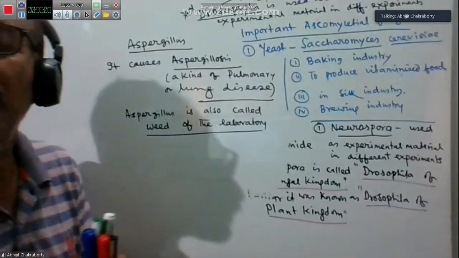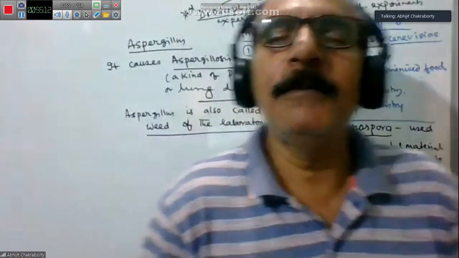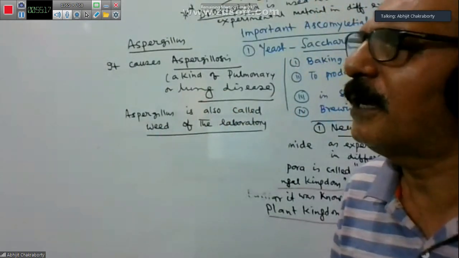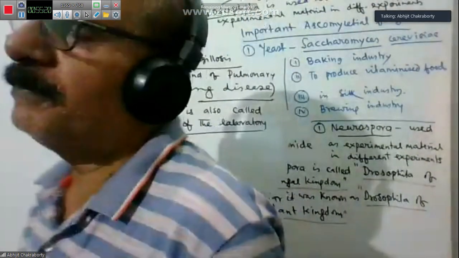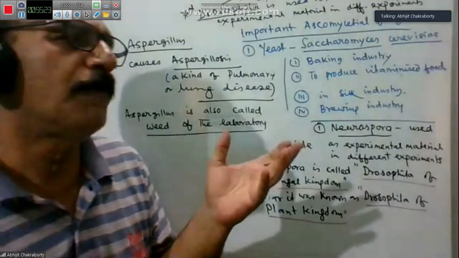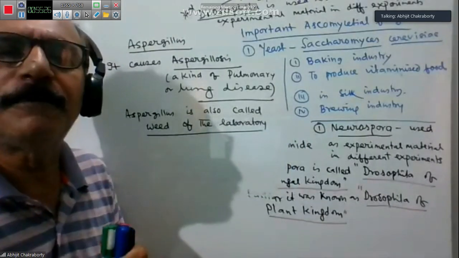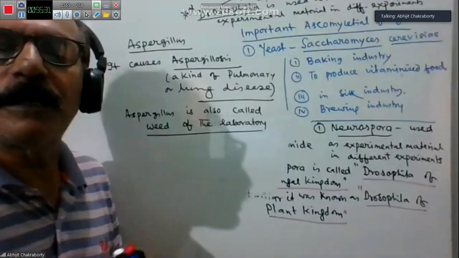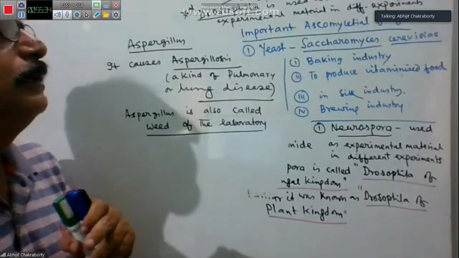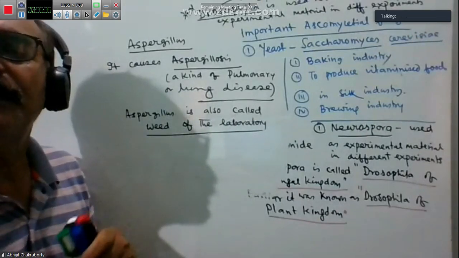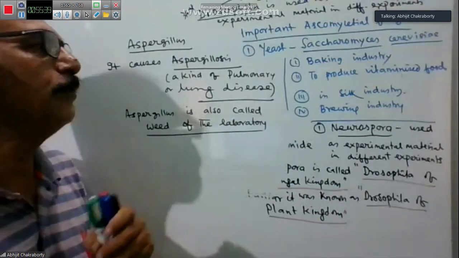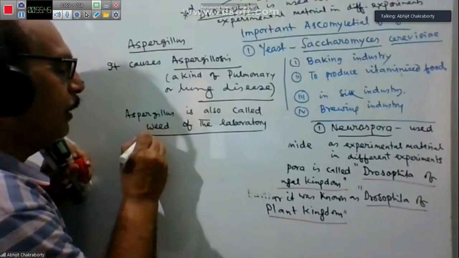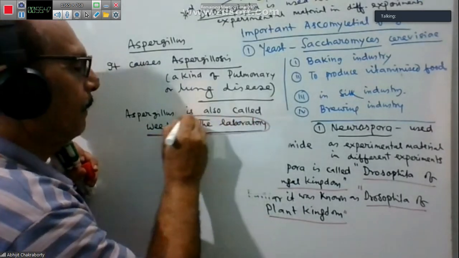Why weed of the laboratory? Because this is the fungus found to contaminate most of the experiments. Different types of instruments and stains are used in the lab, and it is found to contaminate most of the laboratory material and utensils. That's why it is considered the weed of the laboratory. Remember this thing.